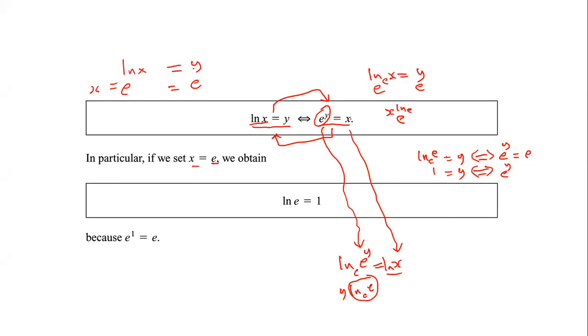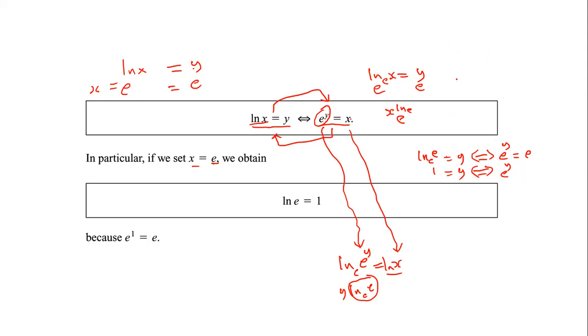You're talking about this one? Yes. This is the base. You know, the book doesn't write the base. This is the base. ln e of e, ln a of a, log a of a, log 2 of 2, log 9 of 9. They all will give you a.